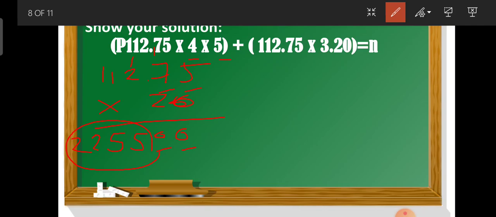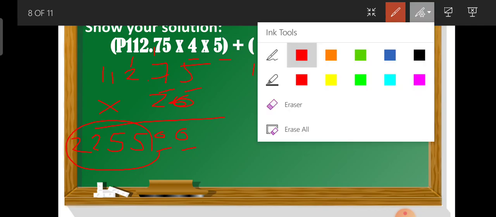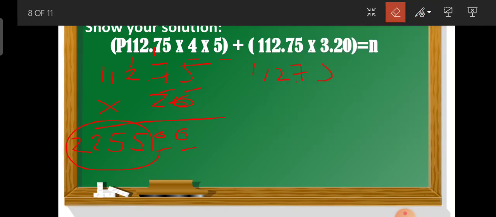Let us answer the next numbers in the parentheses. 112 and 75 times 3 and 20 hundredths.